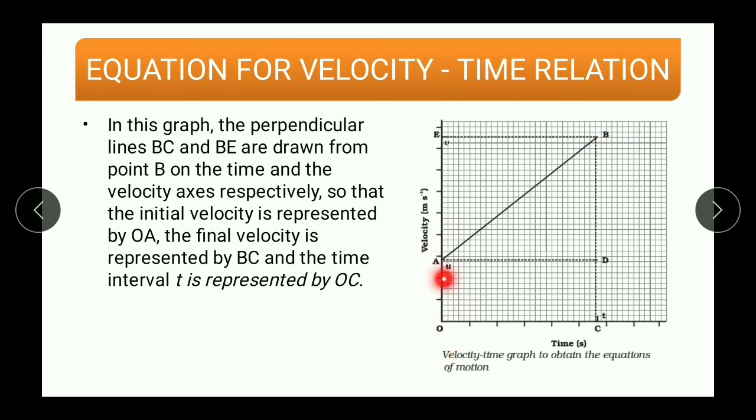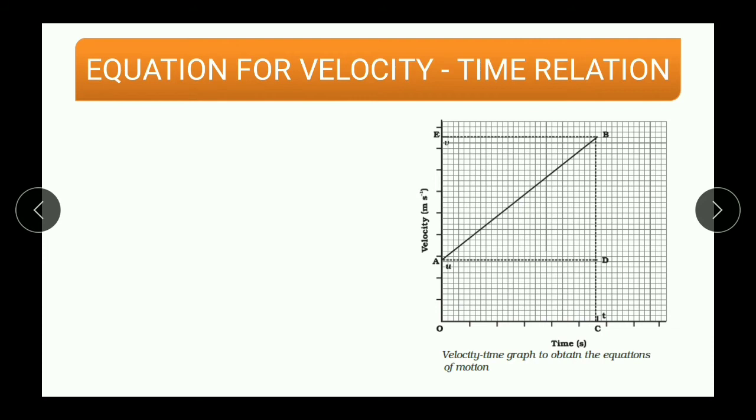Over here, this is O and this is A. So OA represents initial velocity and the final velocity is represented by BC. So this entire line represents final velocity. And the time interval t is represented by OC. So O until C represents time interval.